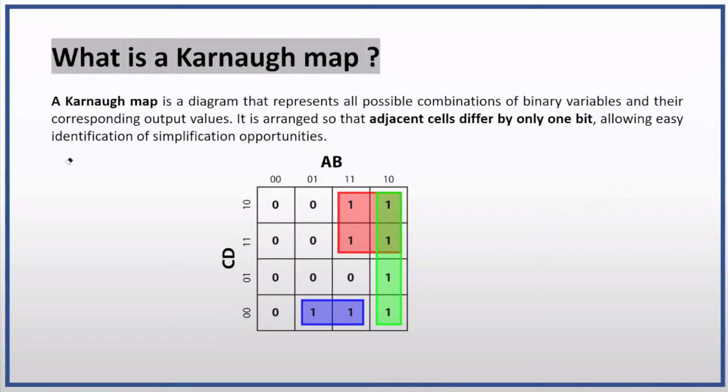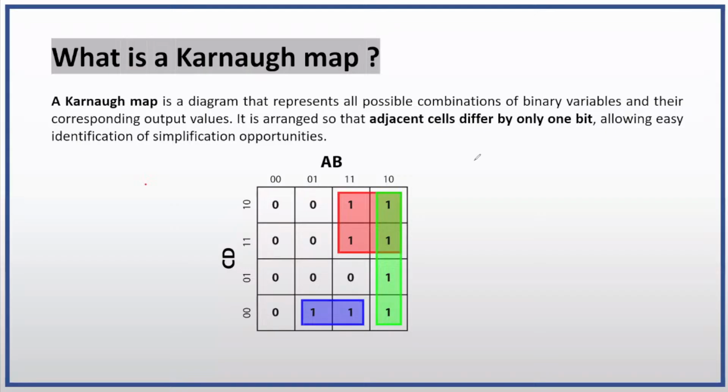Here you can see the Karnaugh map, and this Karnaugh map has 16 cells.